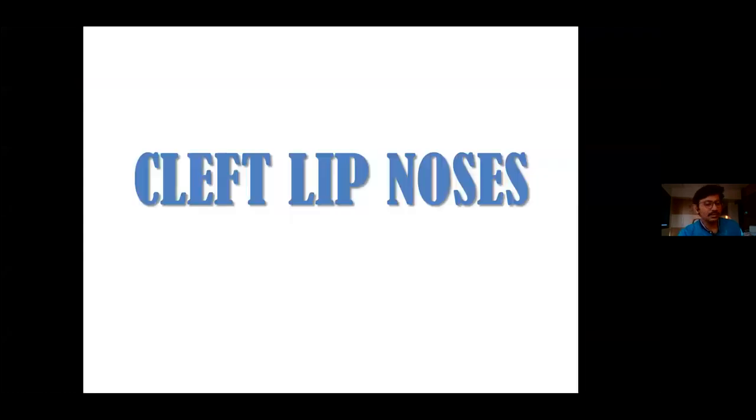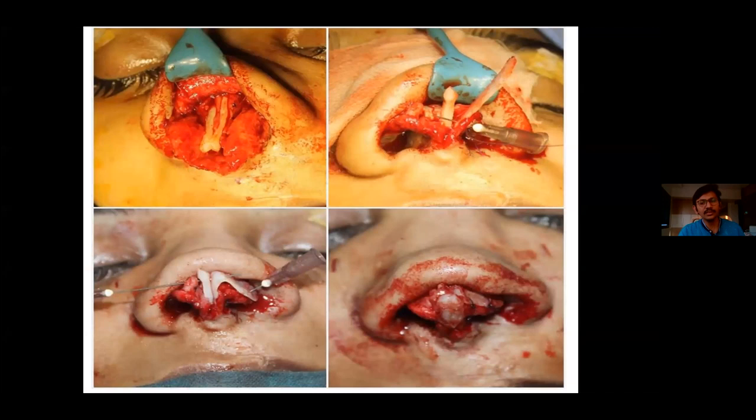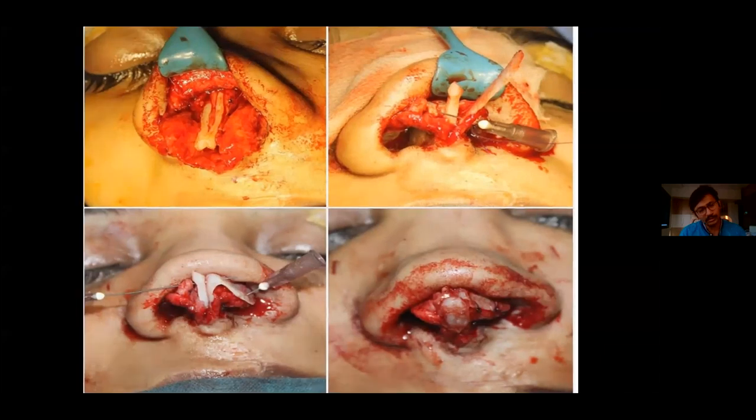Coming to cleft lip noses. So these are a few revision cleft lip noses. Generally, there's a deficiency of lateral crus on one side. So you have to lengthen the smaller lateral crus by means of a very strong lateral crural strut graft from pyriform aperture to the nasal tip.